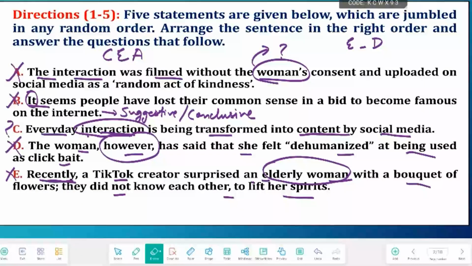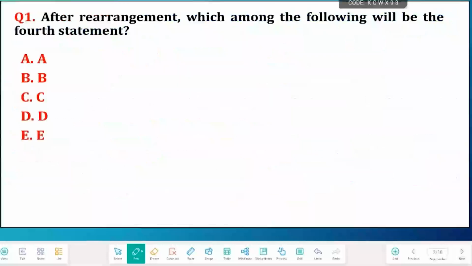CEA D and then your B. So 1, 2, 3, 4, 5. This is your correct sequence. CEA D B is your correct sequence. Let's move ahead and look at the questions.